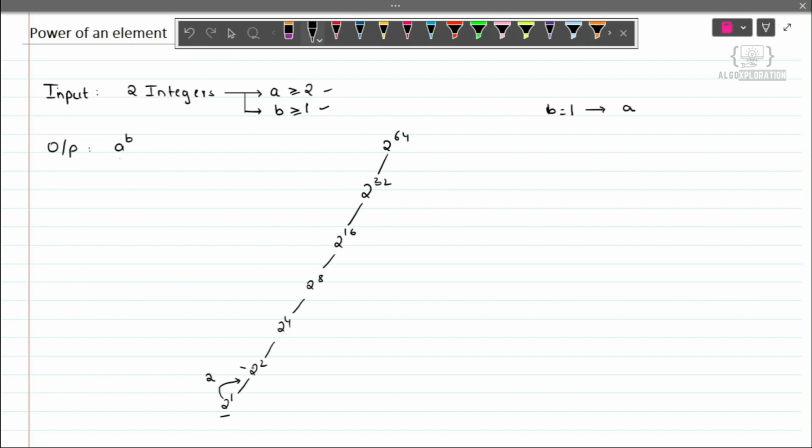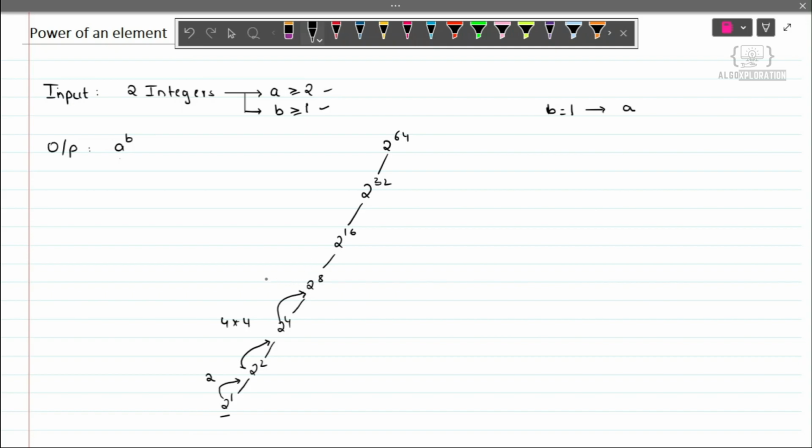Now at this level, it will multiply 2 into 2, that will be 4, and then pass it to its parent function. Now this will multiply 4 into 4 and the answer will be 16, which will be returned to the parent function.